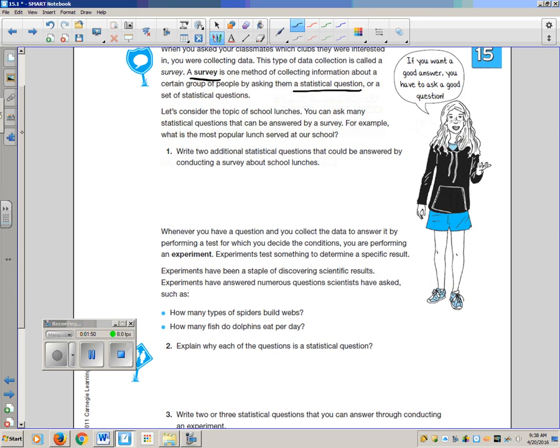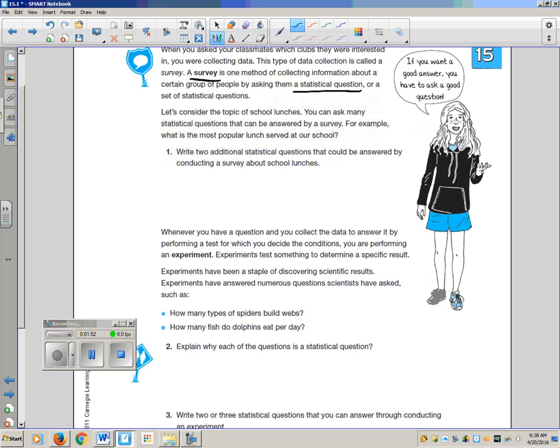Let's consider the topic of school lunches. You can ask many statistical questions that can be answered by a survey. For example, what's the most popular lunch served at our school? What are 2 additional questions that could be answered by conducting a survey about school lunches?